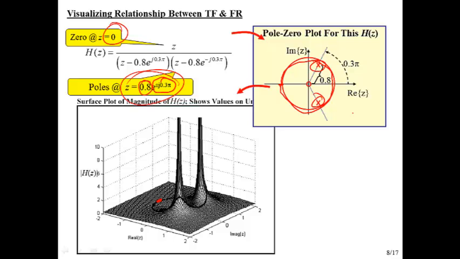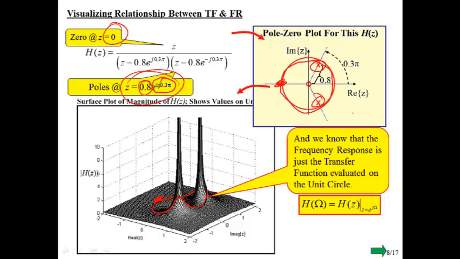Didn't really draw that very well, but the imaginary axis kind of goes across there. So we start over here, and we're going to walk around the unit circle. And as we do, the values of the magnitude of H of z follow this curve, and I'm kind of going around the poles there.